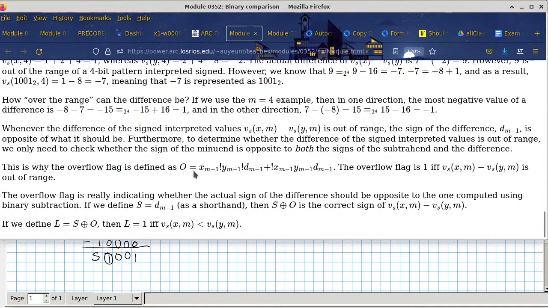If that is the case, it has an overflow situation. On the other one, it's the same thing, except things are flipped. So anytime the sign bit of x is different from both the sign bits of y and the sign bit of the difference, we have an overflow. That's basically the essence of this particular expression.